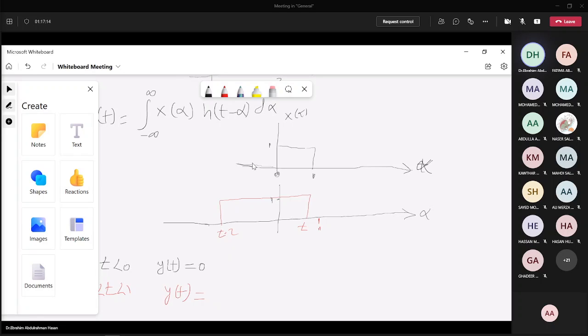This is right, from minus infinity to infinity, but from minus infinity to 0 it is equal to 0. Also after t it is equal to 0, and 0 multiplied by whatever we have here will be equal to 0. So the integration is only on this part, from 0 to t.